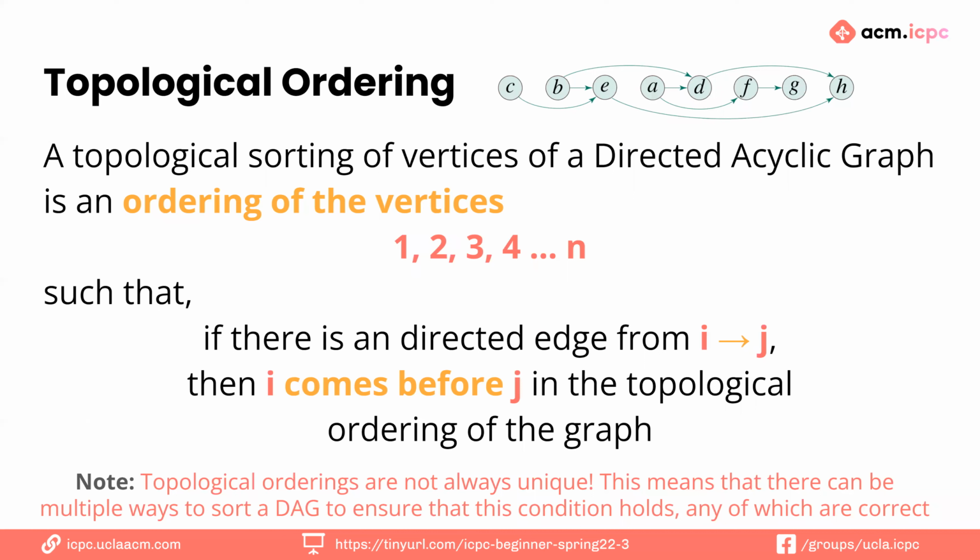So if there's an edge from I to J, that's like I is a prerequisite of J, you have to take I first before you take J, right? So if you think about it, topological ordering on a prerequisite graph gives you an order of the classes you can take such that you don't violate any prerequisites. Does that make a bit more sense?